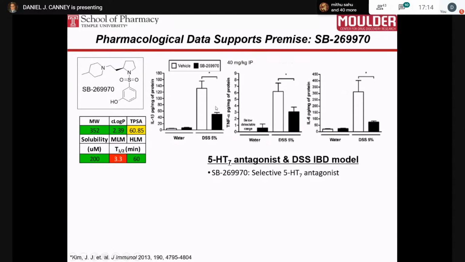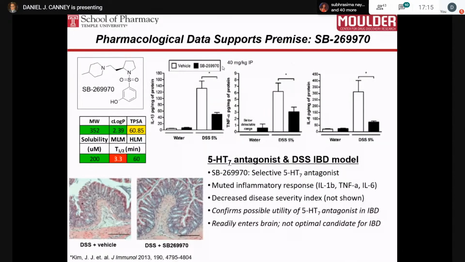And I think you'll see, we would agree that we get similar results as the knockout animals, where we have the interleukin 1 beta, TNF alpha, and interleukin 6 being significantly reduced in the DSS animals after the administration of 40 milligrams per kilogram of that particular 5-HT7 antagonist.